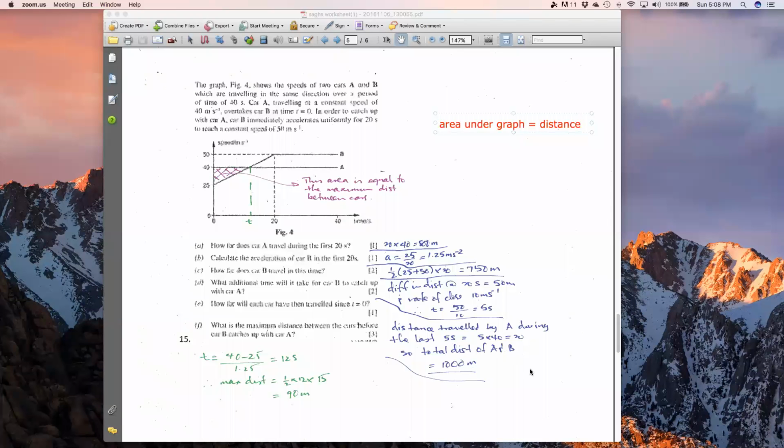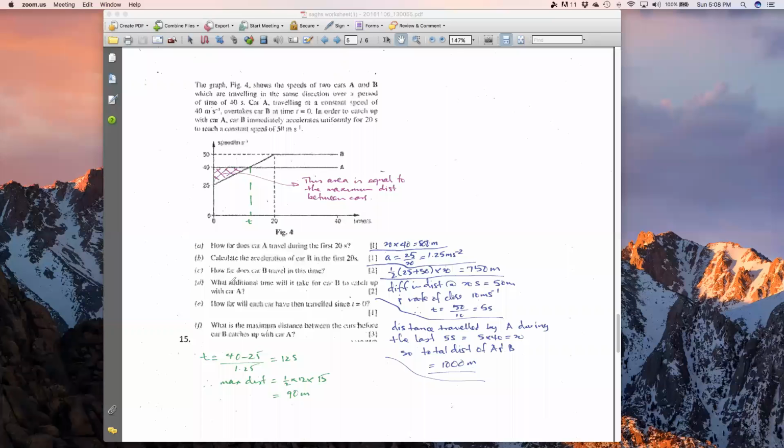All right, so we simply have to find this area here, which is a trapezium. Sorry about the drawing. To find the area of a trapezium, you have a half sum of parallel sides. So it's a half into 25 plus 50, multiplied by the perpendicular distance between these, which is 20. So you have 750 meters. No problem. Calculate how far does B travel during this time.